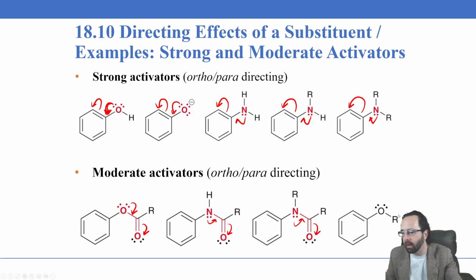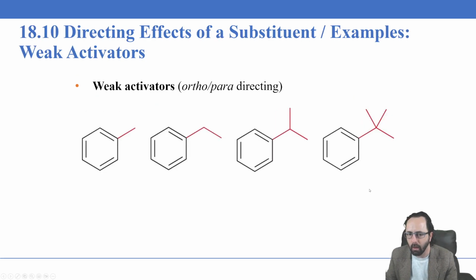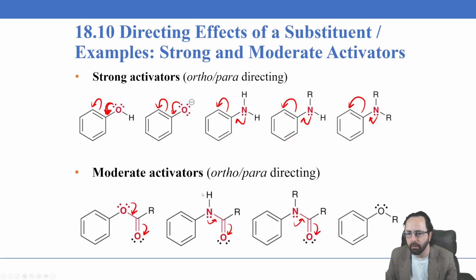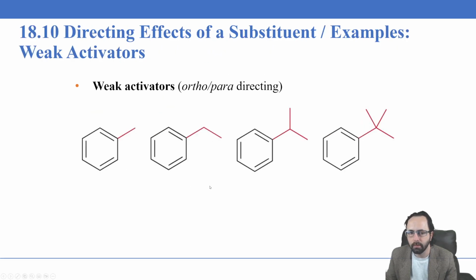And so an alkoxy substituent is only a moderate activator, not a very strong activator like these other groups here. Finally, weak activators are alkyl groups, methyl, ethyl, isopropyl, and any other alkyl groups. These, again, donate electrons not through resonance, but through hyperconjugation, which activates the ring slightly. And of course, these are all ortho-para-directing, all of the activators.